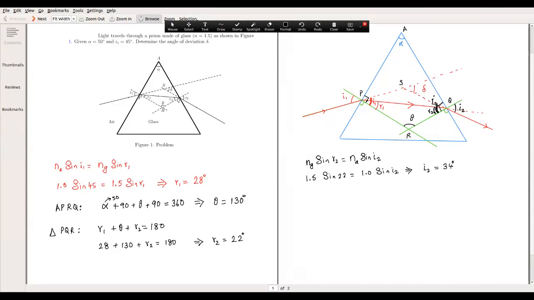So let's have SPRQ. So that's a quadrilateral.